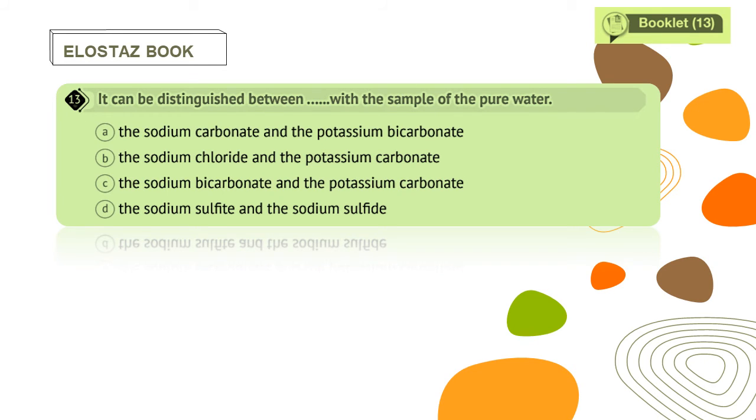Okay, we have our question: sodium bicarbonate and calcium carbonate. Which one will be soluble? We have sodium bicarbonate, as we said, and the other one is calcium carbonate.